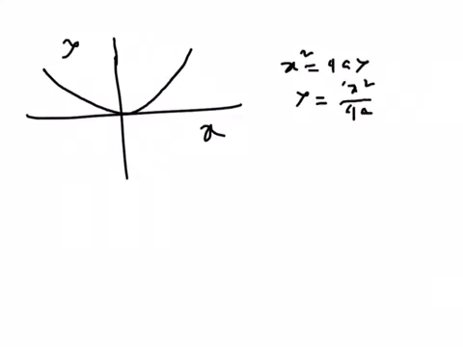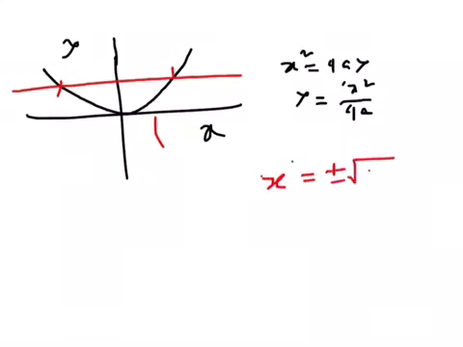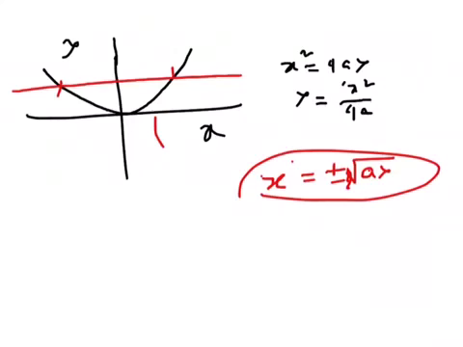But if we do the horizontal line test, it doesn't pass, it cuts twice, so it does not have an inverse function, because when we make x the subject, we will have two values. So the inverse function does not exist for this one.